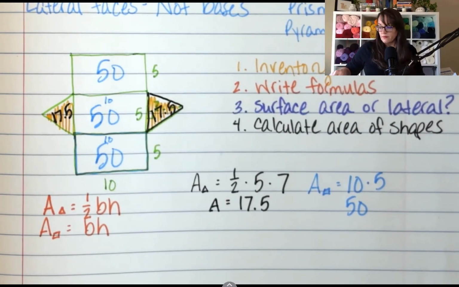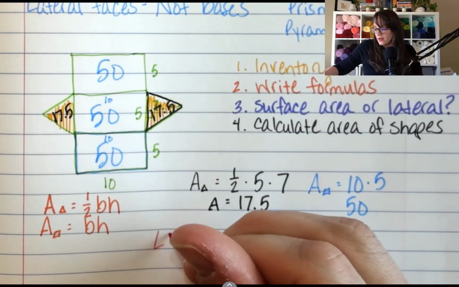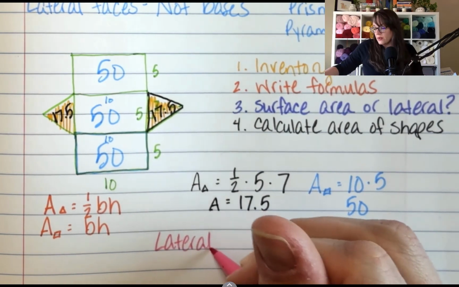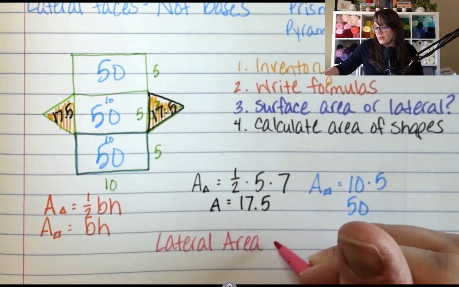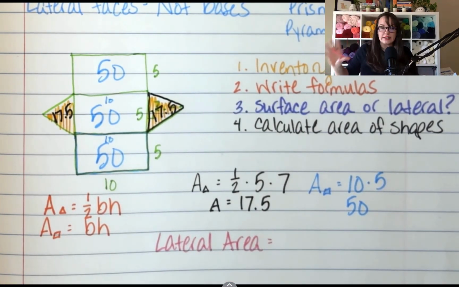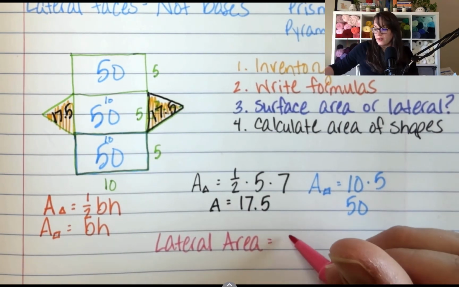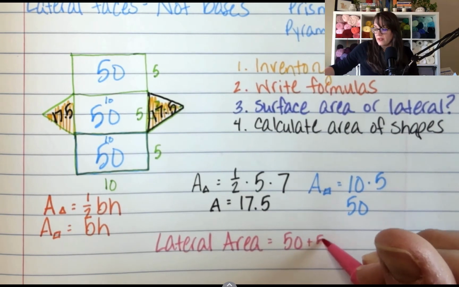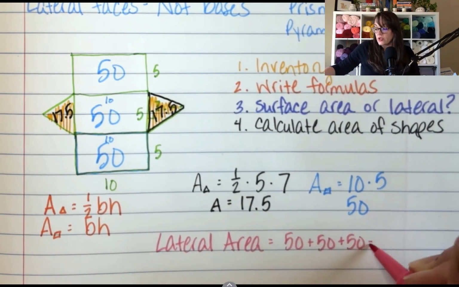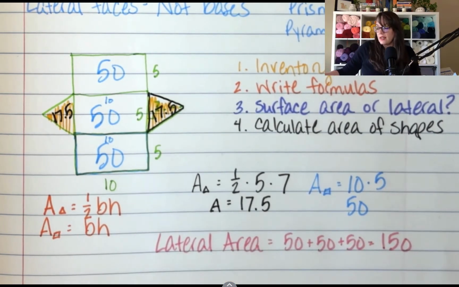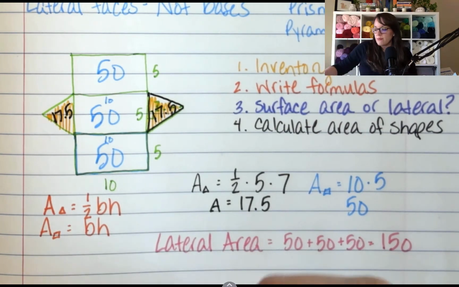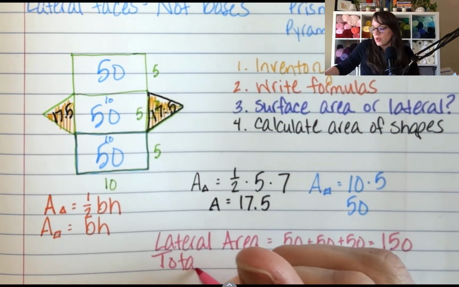Now, to answer the question, what is the lateral area? Lateral area. Remember, lateral area is not the bases. Lateral area is 50 plus 50 plus 50, which is 150. Now, when I add in the bases, what's my total area?